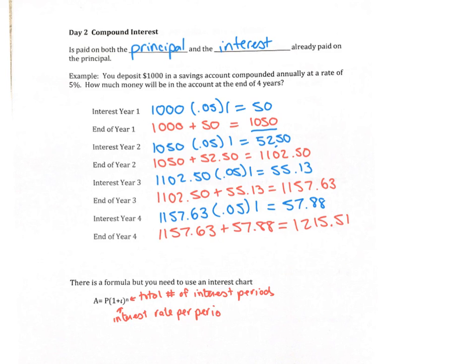But again, we're not going to be using that formula, so you don't really have to worry about that. But you do need to know how to do the top portion of this.